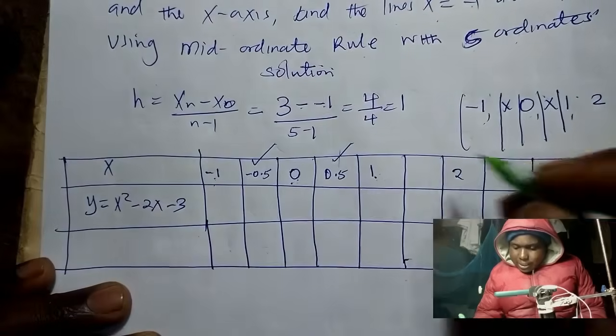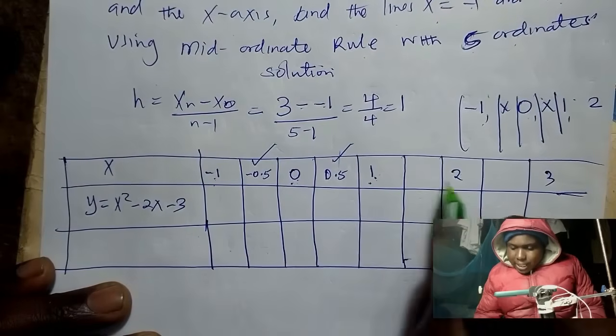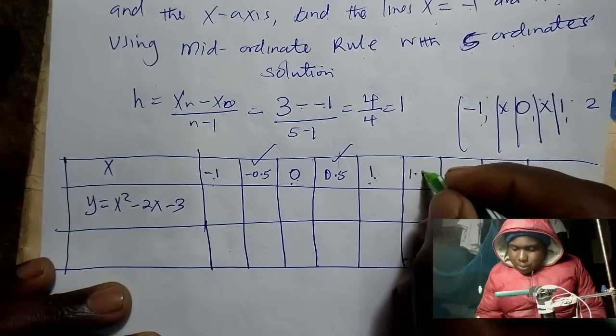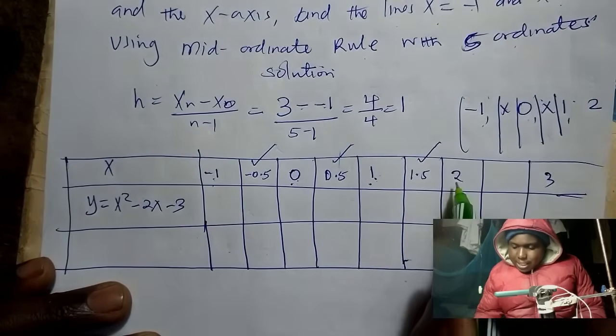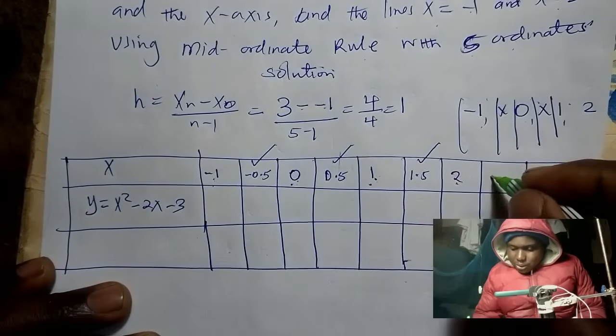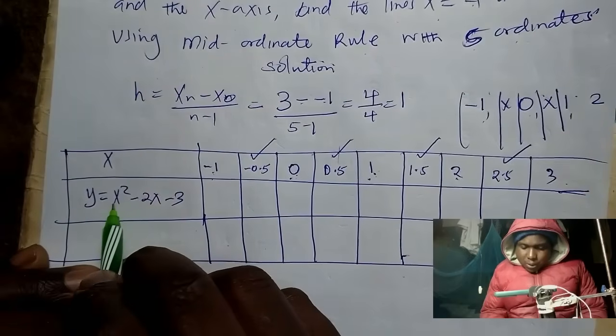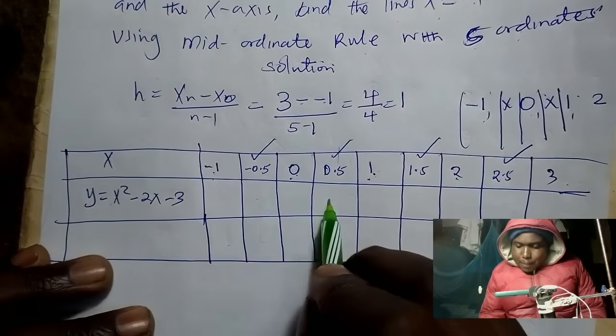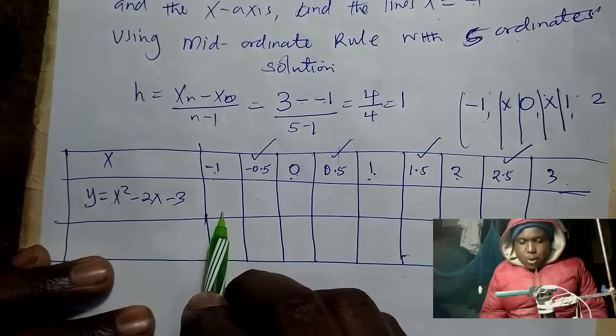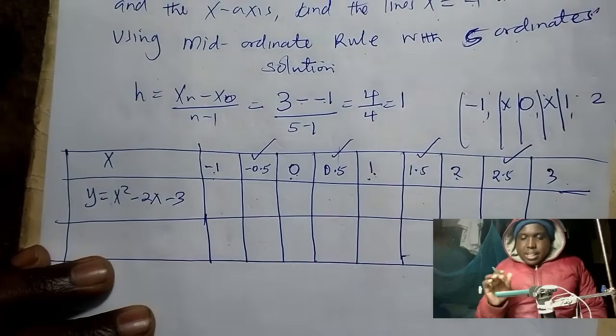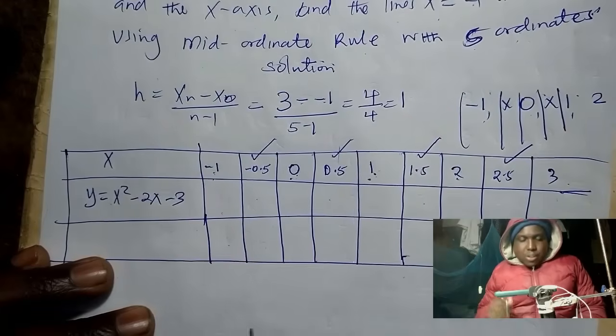The mid between 1 and 2 is 1.5. The mid between 2 and 3 is 2.5. So I am going to find the values of y at the mid-ordinates, and not at the ordinates.